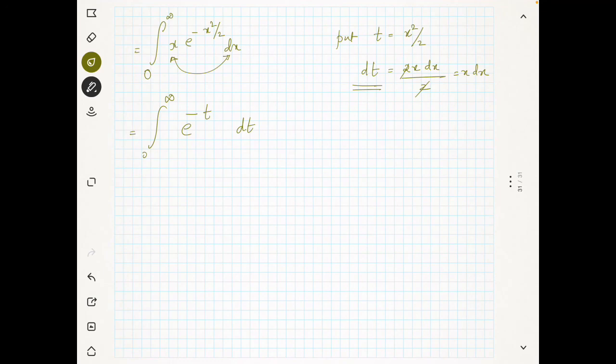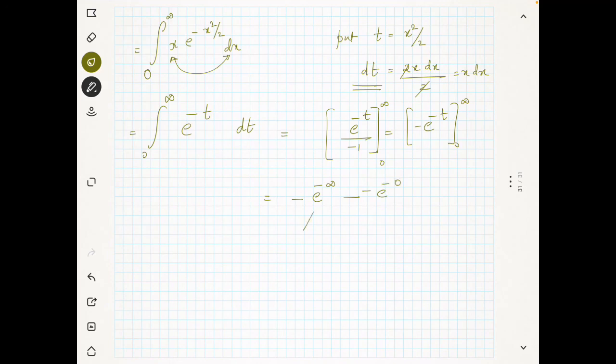Now you know that this integral is e power minus t divided by minus 1, which is minus e power minus t, from 0 to infinity. So this is nothing but minus of e power minus infinity minus minus of e power minus 0, right?